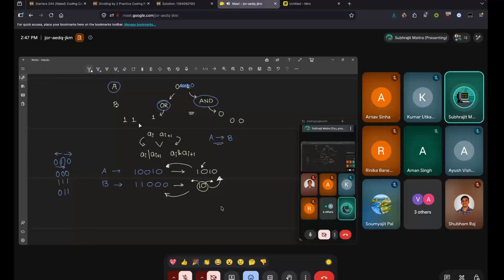See here also, we are stretching a 1, but we cannot bring up a new 1 and put it in some position. Like if B has 1 in the starting and A has just 0 in the starting, then we can never bring a 1 here. No way it is possible.